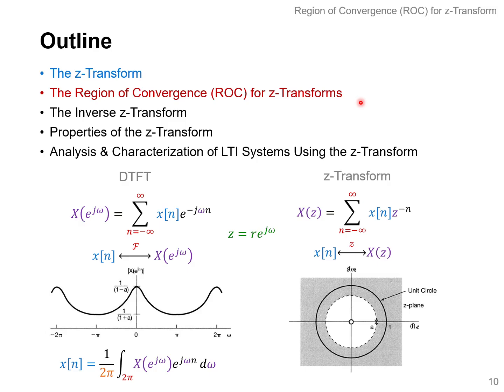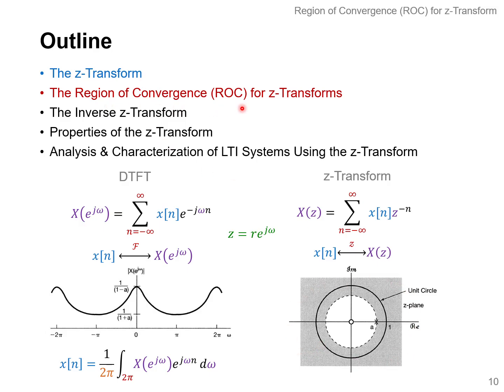The z transform extends the Fourier transform by using a complex variable z equals r times e to the j omega. It lets us study a wider set of signals, including signals that grow or decay. To understand the z transform, we also need to understand the region of convergence, or ROC.